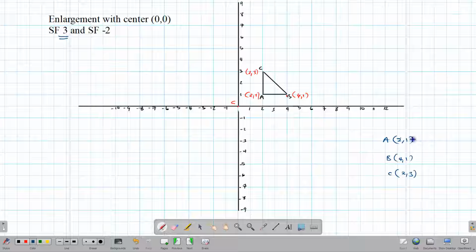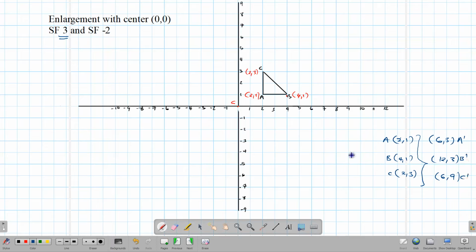So what we're going to be doing is multiplying each of these by 3. We can do that because we're using 0, 0 as our center. Multiplying by 3 gives us 6, 3 for the first point, 12, 3 for the second, and 6, 9 for the third. So this is A prime, this is B prime, and this is C prime.